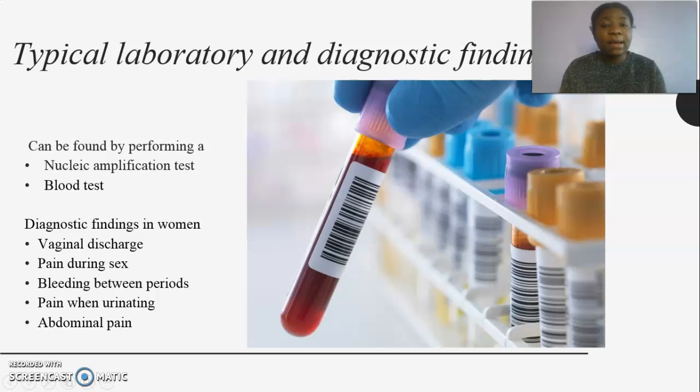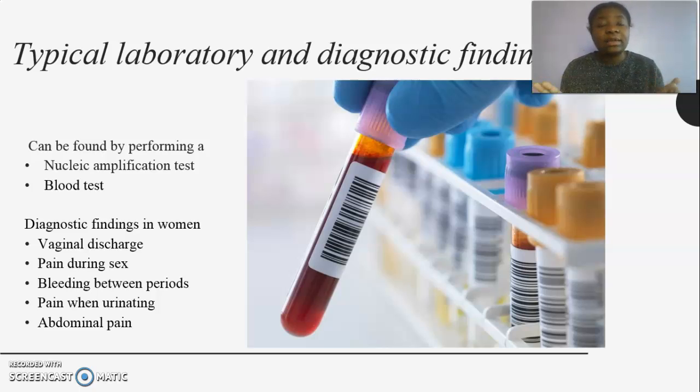So, typical laboratory and diagnostic findings. Most of the time when people test for gonorrhea, they're going to take a swab, also called a nucleic amplification test. Or you could do a blood test.